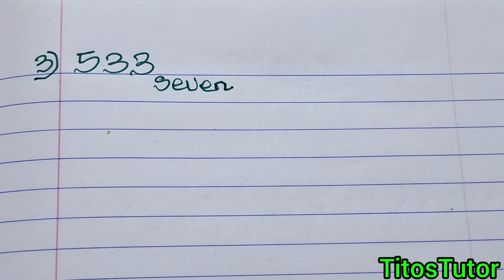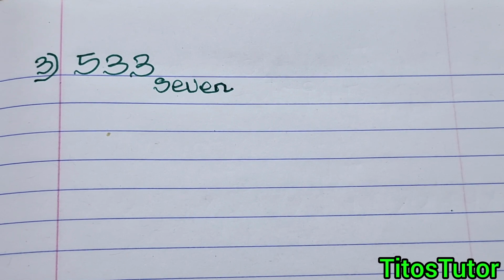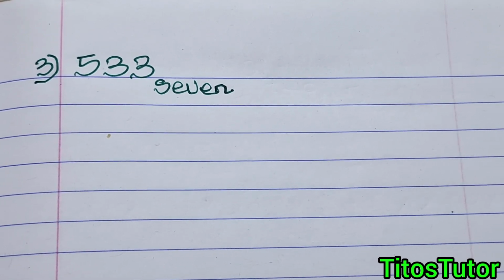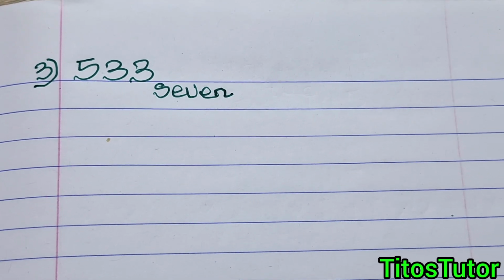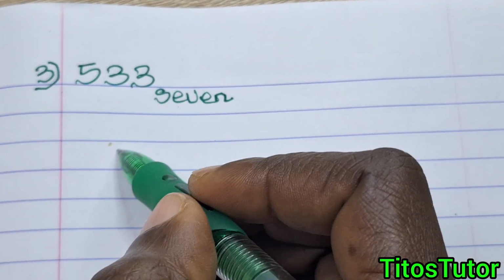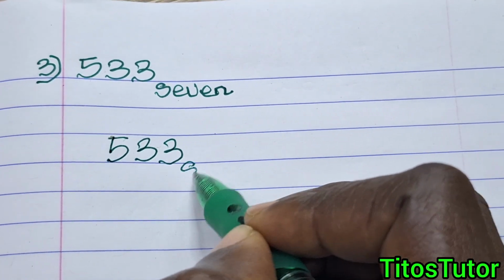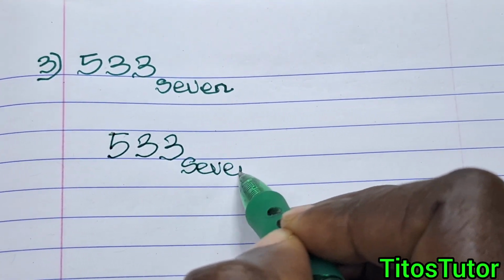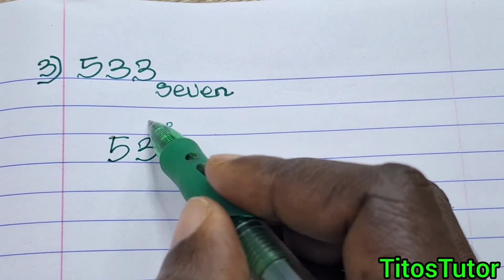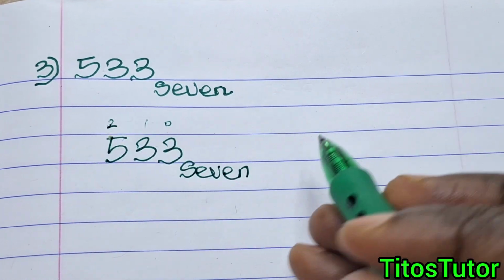All right, so here's the third example, and it is to expand 533 in base 7. To expand this, I'm going to write the number again. Remember, it's in base 7, so it's going to be in powers of 7: 0, 1, 2. First power will be 2.